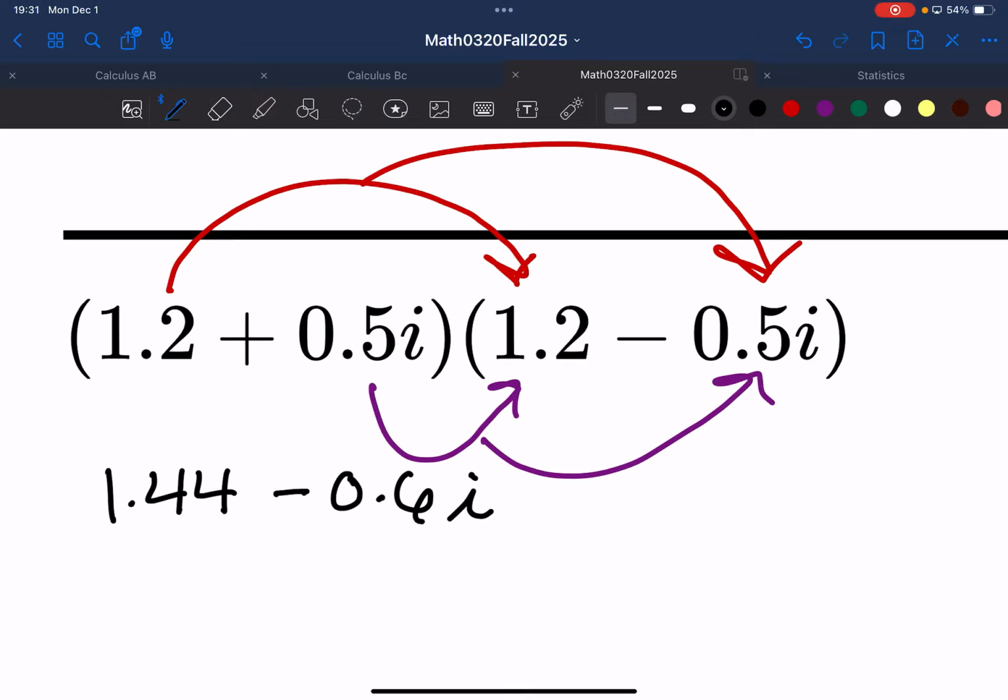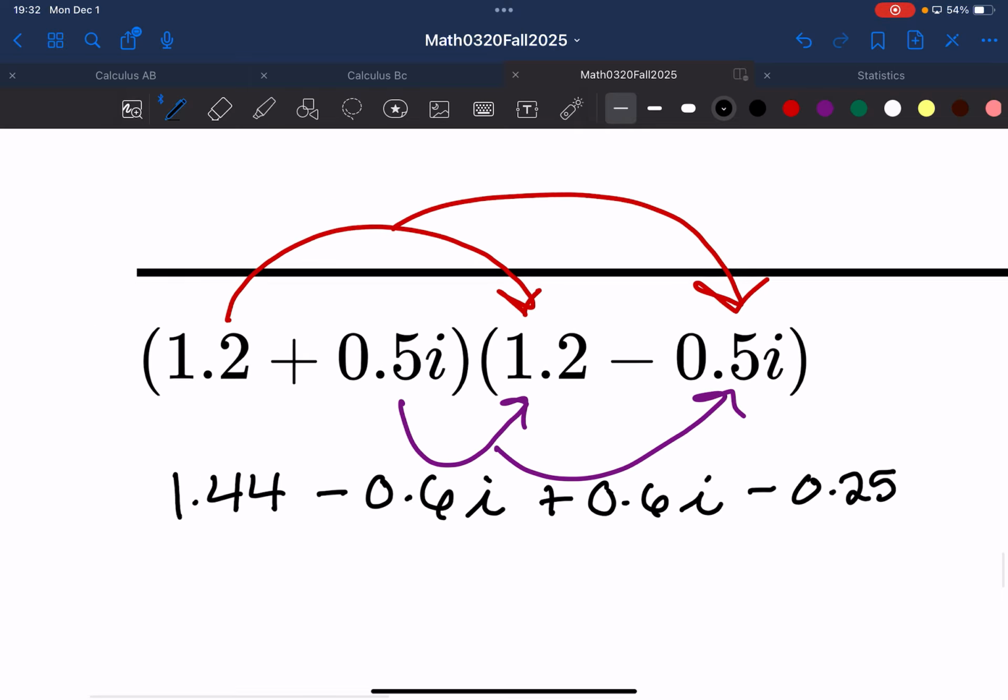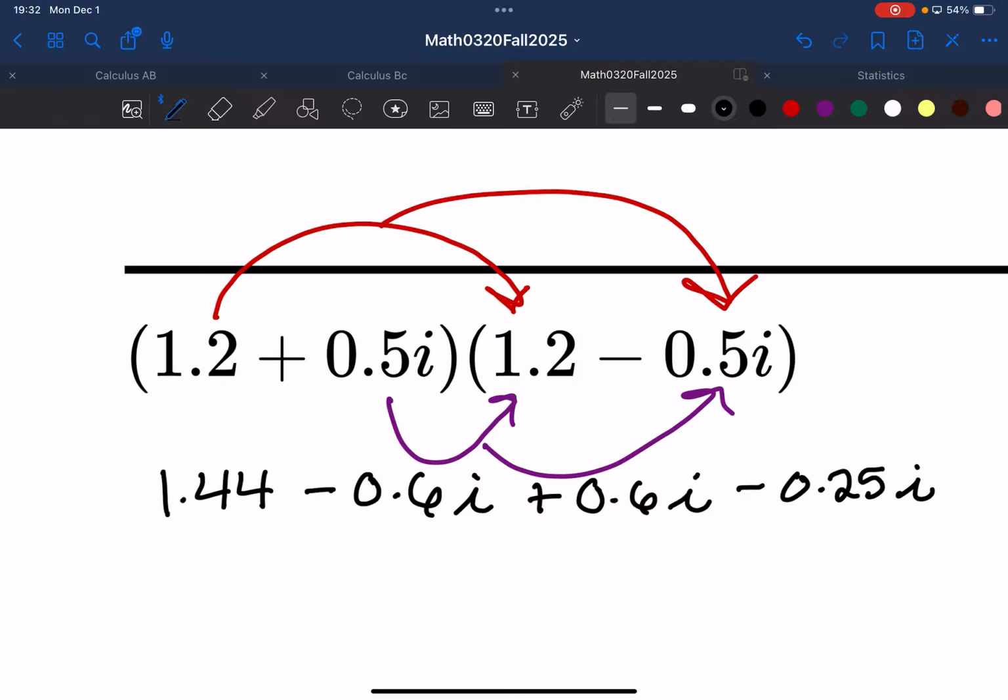Next one, 0.5i times 1.2, so that'd be a positive 0.6i. And then 0.5i times negative 0.5i would be negative 0.25 times i squared.